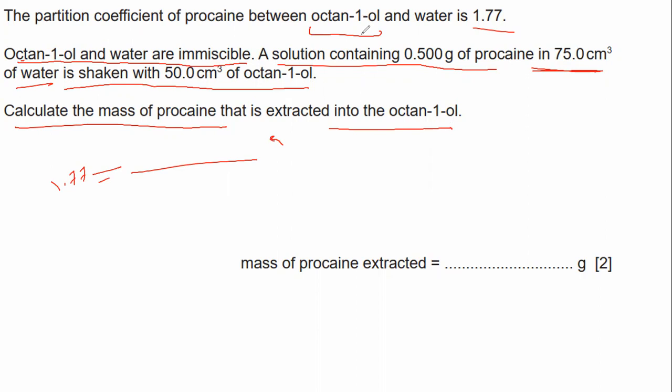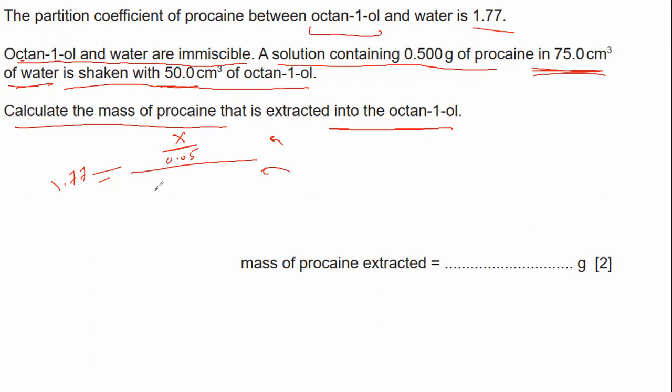So what will be the concentration in octan-1-ol? We don't know, right? Unknown. We want to find it, so it is X, the mass, over the volume, 0.05, over the concentration in water.